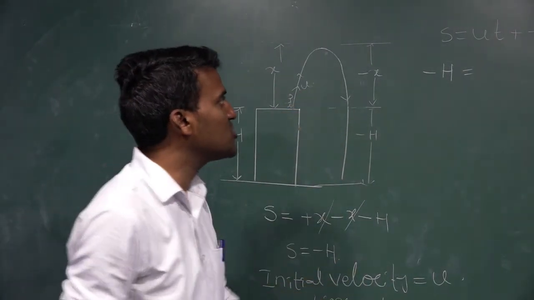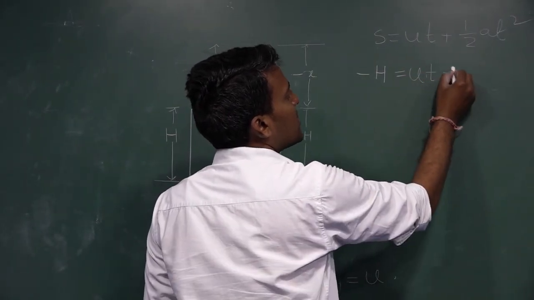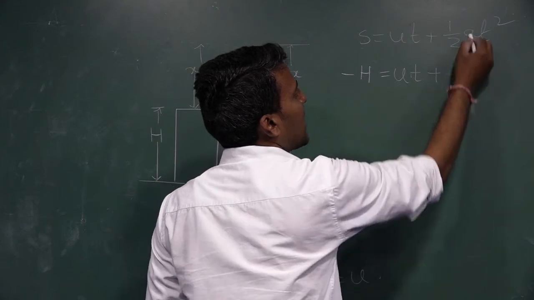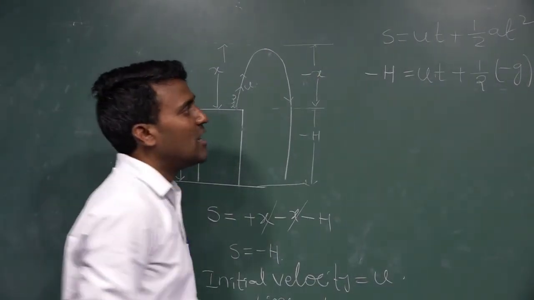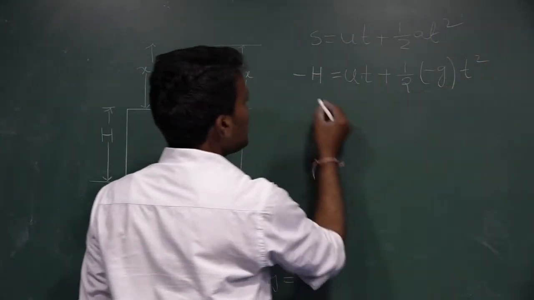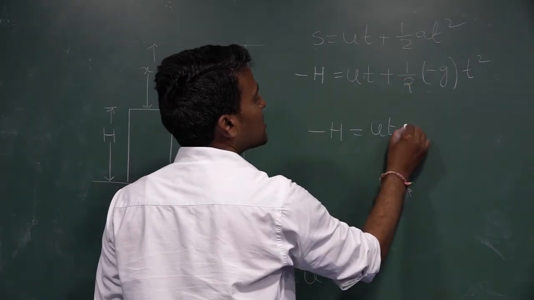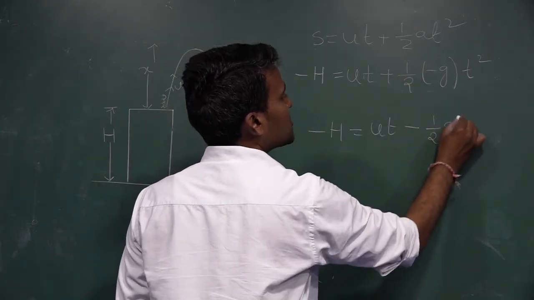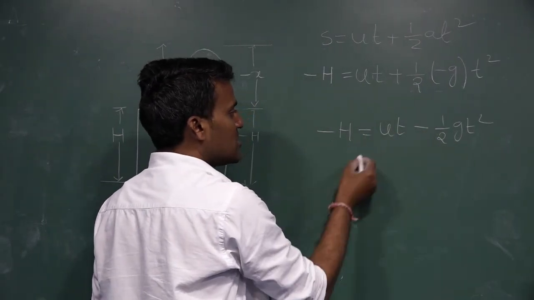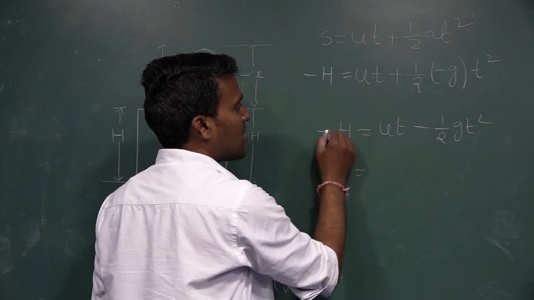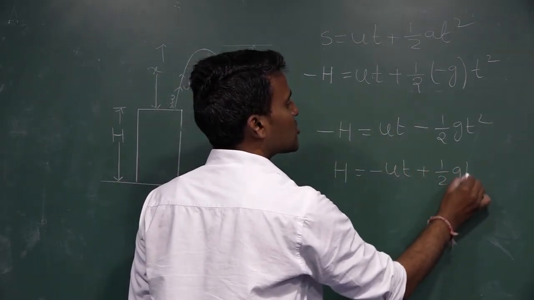Time is t, plus 1 by 2, a is equal to minus g, and time is t. So minus h is equal to ut plus, into minus, a minus of half gt square. If I take the common minus, then h is equal to minus ut plus half gt square.